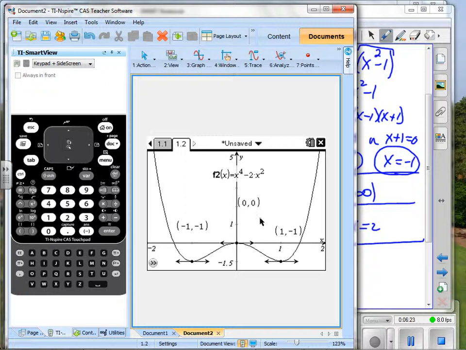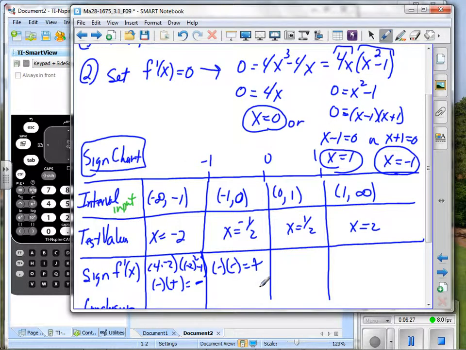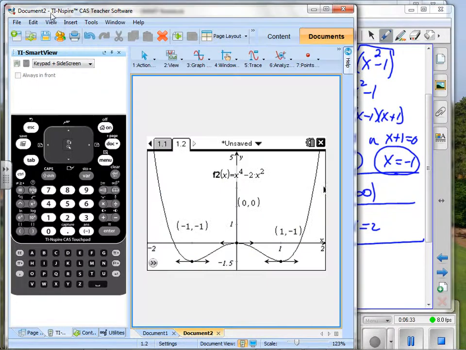So it was really important that we had other ways of doing it. The sign charts, a lot of good mathematics here, were extremely necessary to us. Are they as necessary to you? When you look at this, can you tell me where those are? You take the derivatives, can you look at this and see this is going to be negative and this is going to be positive? Yeah.